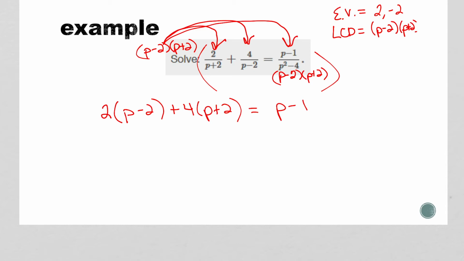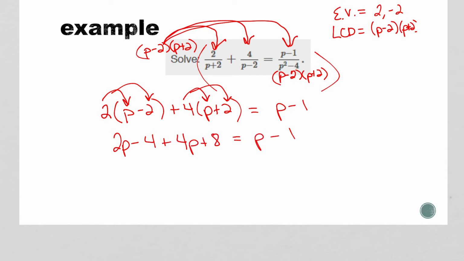Now the next thing I want to do is distribute a couple of times. I want to combine my like terms. So I end up with 6p plus 4 is equal to p minus 1.